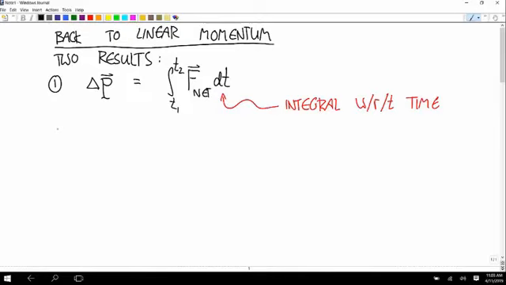And then the other result, so this is the momentum equation, impulse.